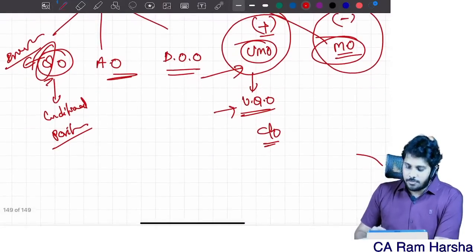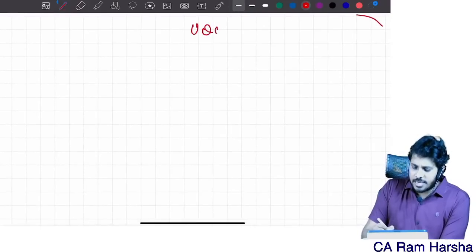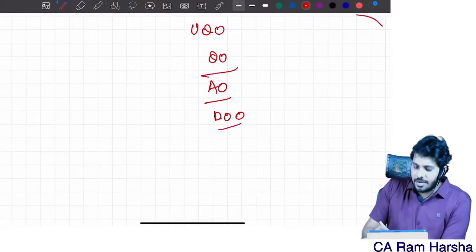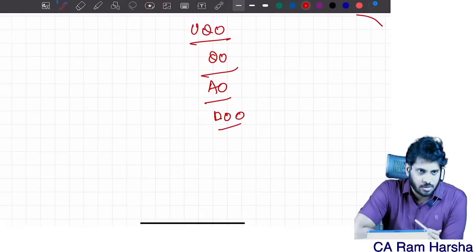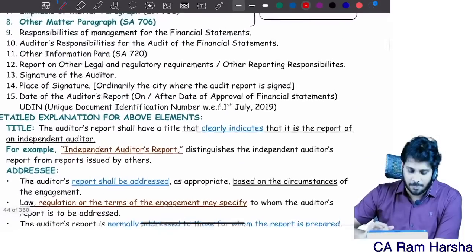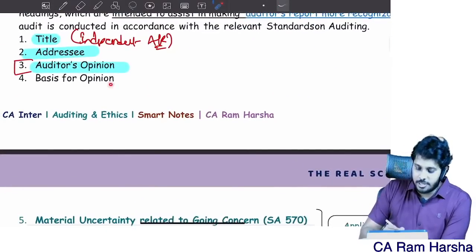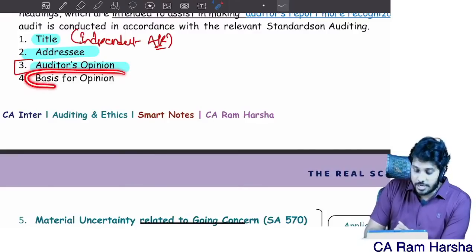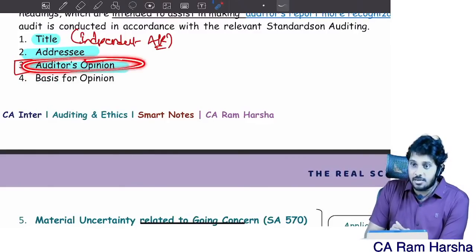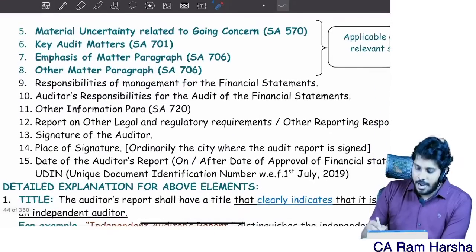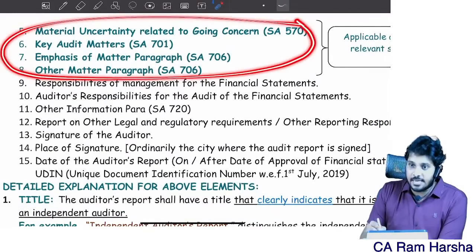Fine. So under what circumstance will I give unqualified opinion, when will I give qualified opinion, adverse opinion, or disclaimer of opinion? That is what we are going to learn in this chapter. Not just opinion. In the audit report we have various parts: how to draft the opinion section, the definitions of opinion, the basis for opinion, and material uncertainty related to going concern, key audit matter, emphasis, and other matter paragraph.